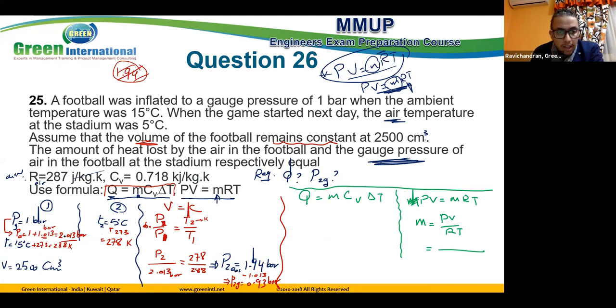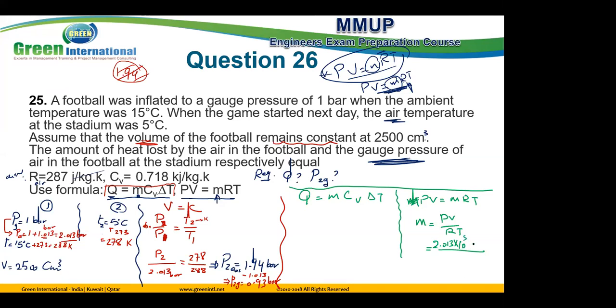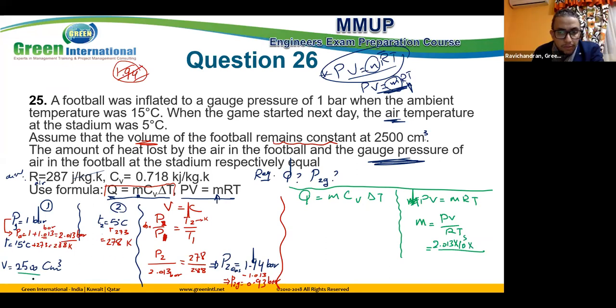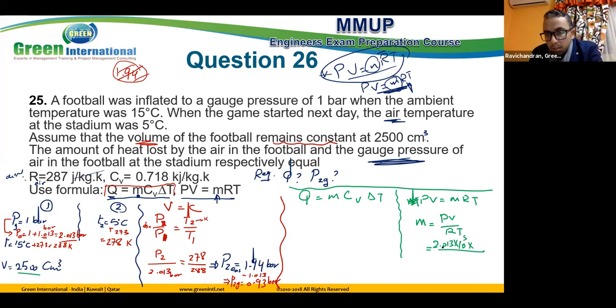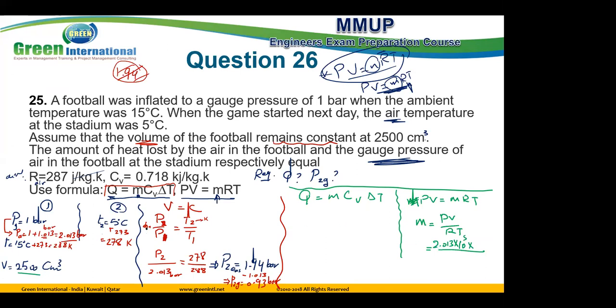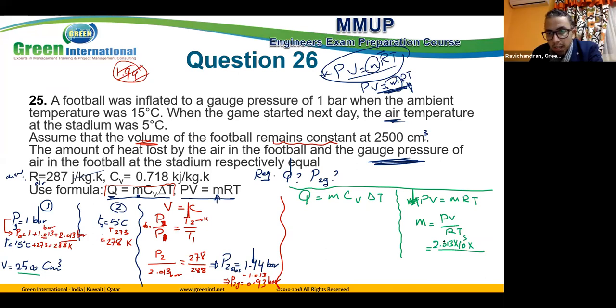So P1 is absolute 2.013 bar. Can we continue with bar? No. It should be changed to Pascal, times 10 to the power 5. Same as this pressure here, absolute, but bar to Pascal.